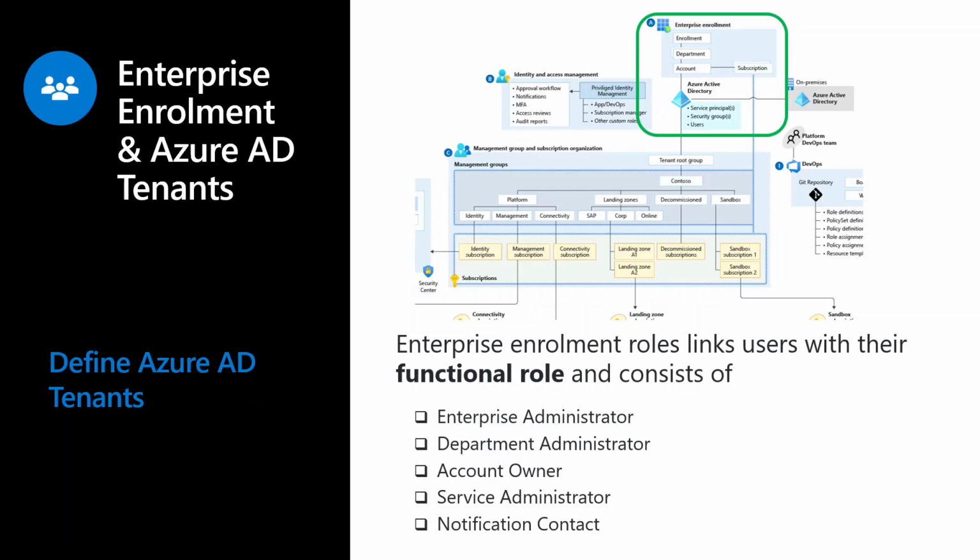So the first one, again, enterprise enrollment, basically means we have specific recommendations related to the roles in an enterprise agreement-based enrollment. For example, how to work with the enterprise administrator or how to work with the account owner, notifications. And furthermore, we also have some information, some considerations, and some recommendations when it comes to Azure Active Directory tenants.